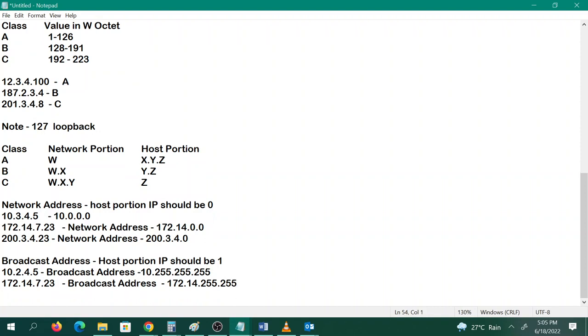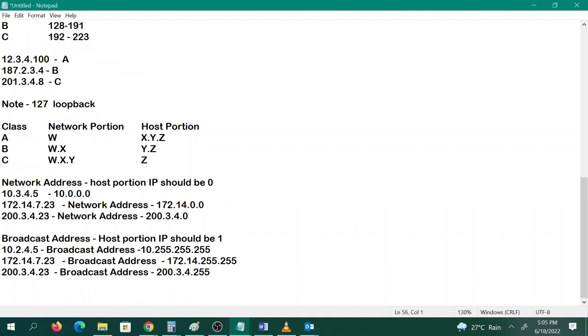And if you take a class C example, class C has only 1 octet as host portion, so 200.3.4.255 will be the broadcast address.